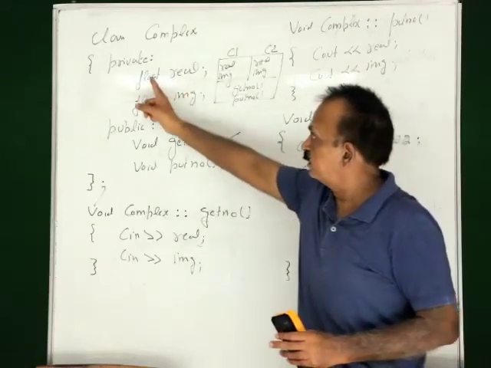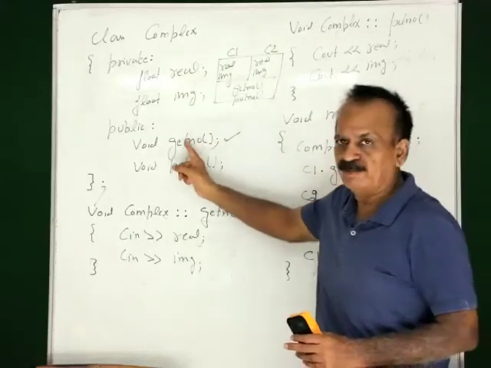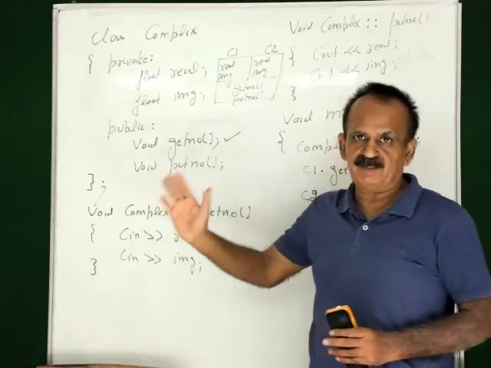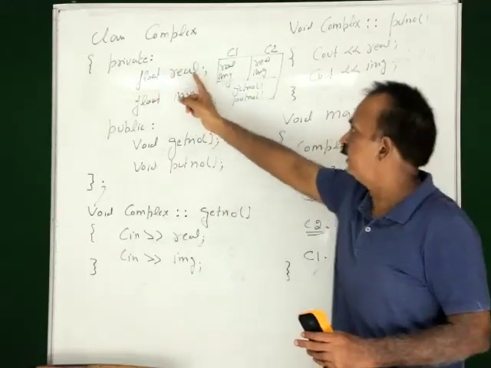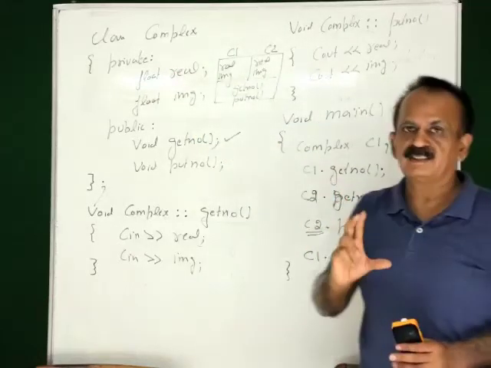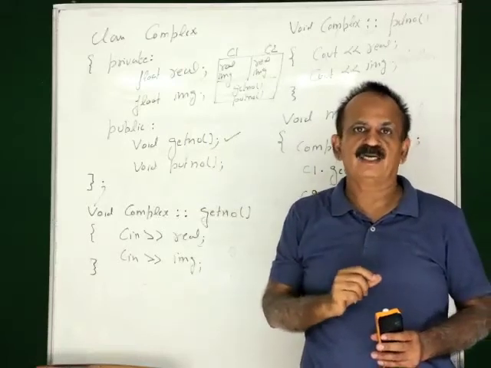Now the very important concept is, I am using here get number. This is a public member. I am using here put number. This is a public member. It can be accessed outside the class. I cannot directly write this real part in the main program, because this is a private data member and cannot be accessed outside the class.